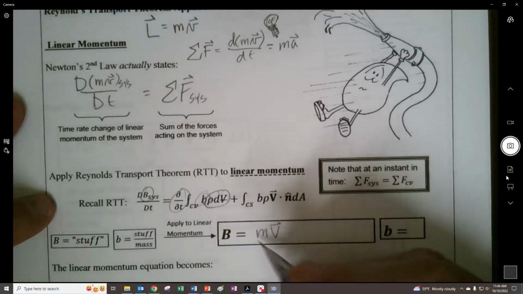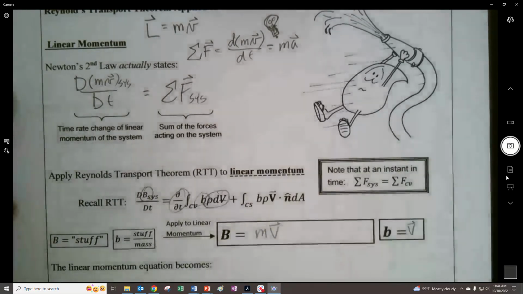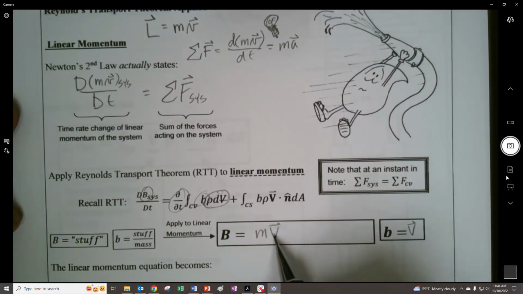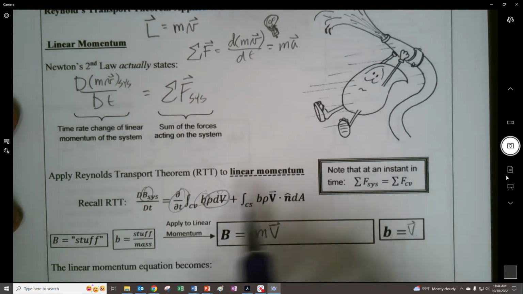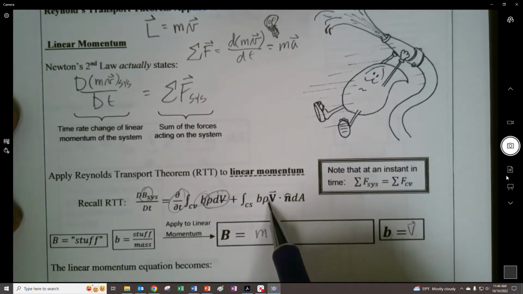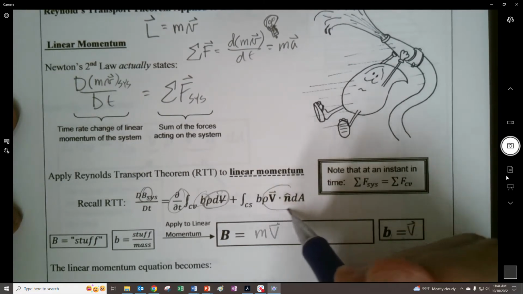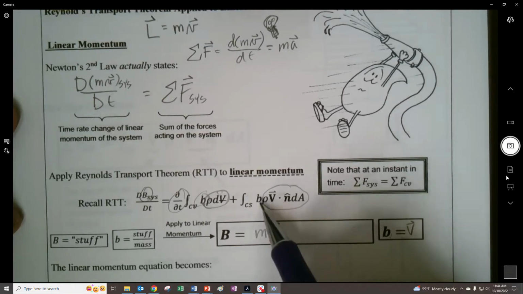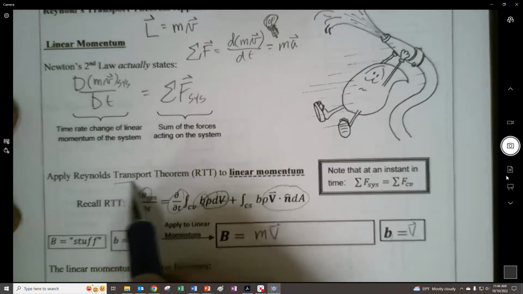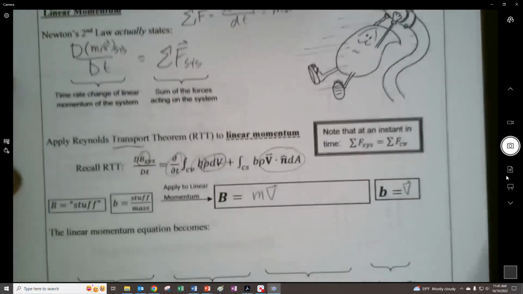So we want to divide the stuff by the mass: mass times velocity divided by mass is just going to be the velocity. So that's our stuff, and we're using the m dot, which is our mass flow, to transport our stuff, which in this case is linear momentum.